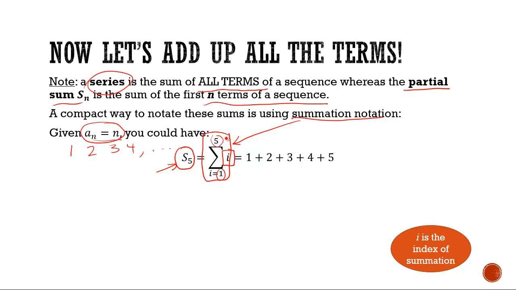So your general term is plugging in there. Usually we use n's for the nth term, but we use i's for the summation notation just to differentiate. But essentially it's the same formula. So all this is saying is plug 1, 2, 3, 4, 5 into this formula and add those up.